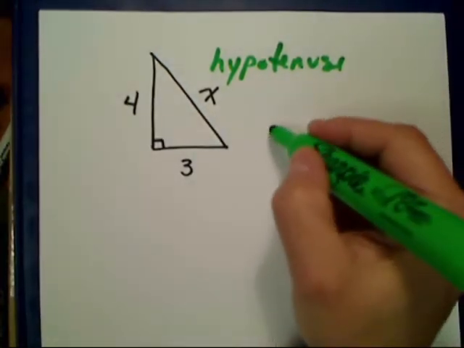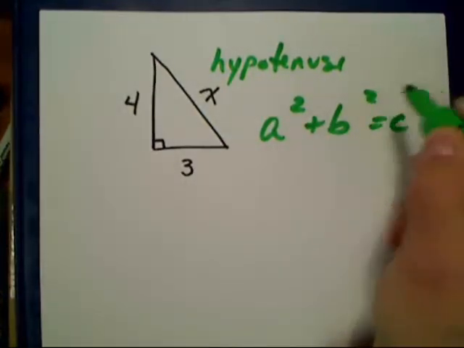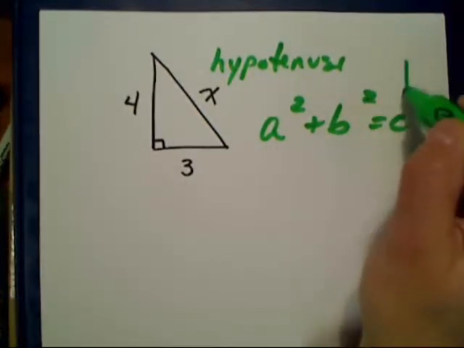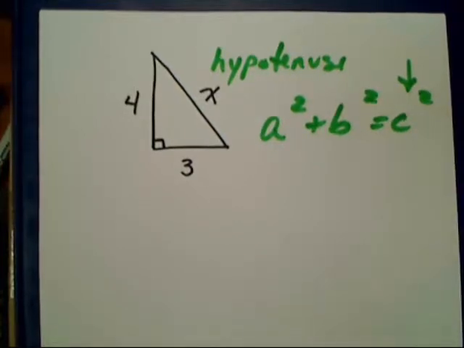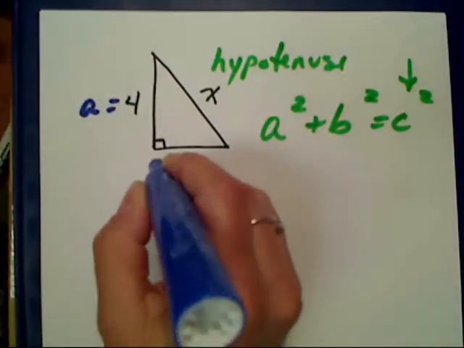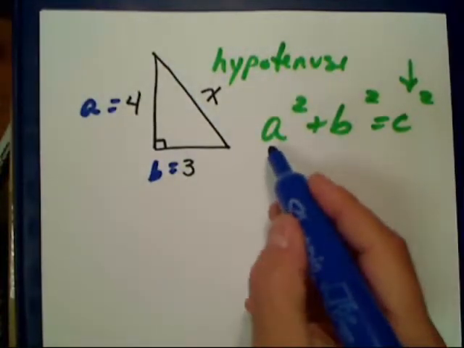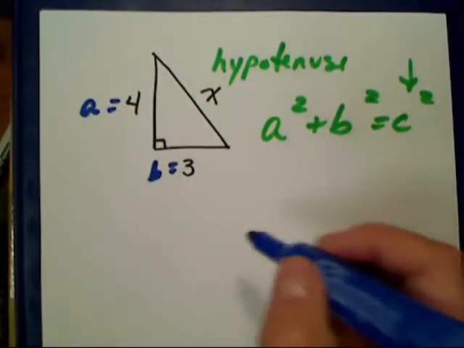In our formula of A squared plus B squared is equal to C squared, the hypotenuse is always C. So we don't know C. It does not matter which we say is A or B for our legs. I'll just go in that direction. Now we replace the A. A is 4.